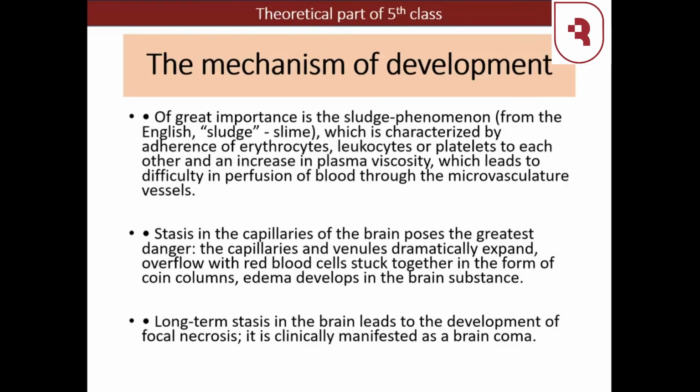The mechanism of stasis development is associated with the sludge phenomenon, which is characterized by adhesion of erythrocytes, leukocytes, and platelets to each other and an increase in plasma viscosity, which leads to difficulty in perfusion of blood through the microvascular vessels.